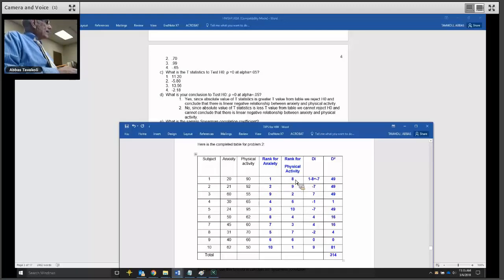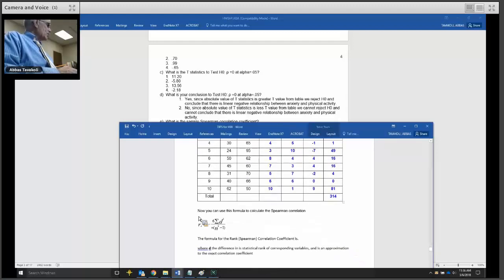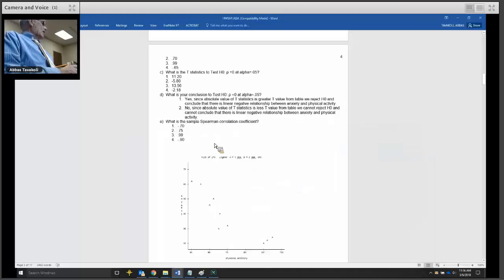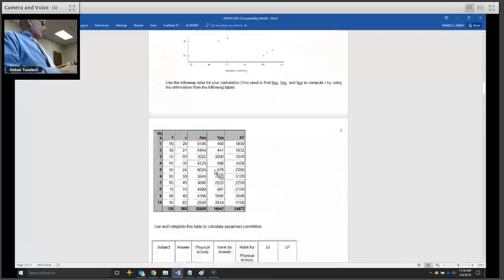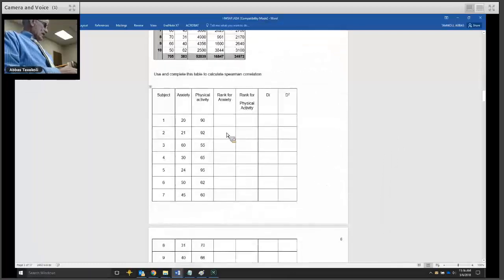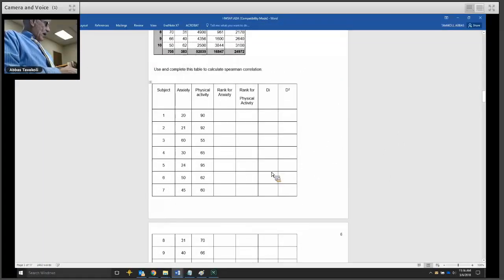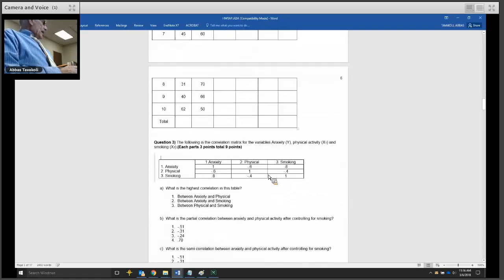Then you get the difference, you square it, and you add all those squares. You get the value 314. Then using this formula, the sum of d squared is your 314, and you can calculate the correlation from that. I would suggest you practice for yourself and see if you can come up with the same table I posted for you.